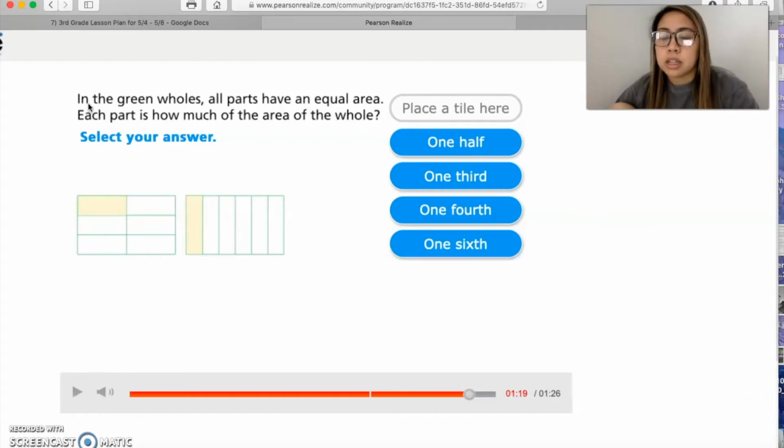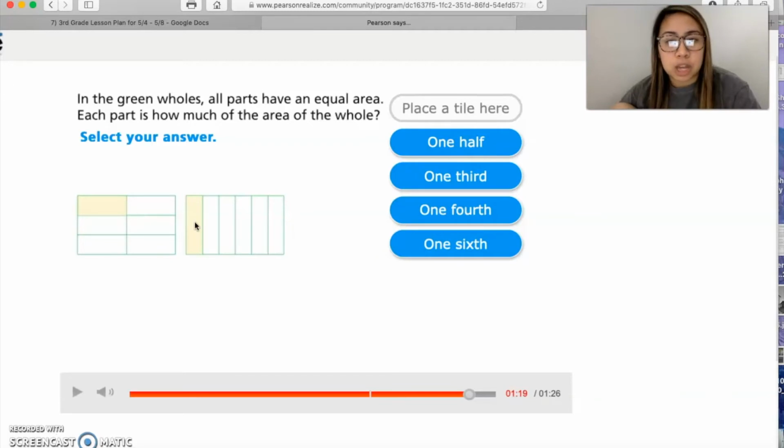So let's see. In the green wholes, all parts have an equal area. Each part is how much of the area of the whole? So what you usually need to do is count how many equal parts you have. So for this shape, we have 1, 2, 3, 4, 5, 6. So we know that 1 part of 6 is colored, so that's 1/6.